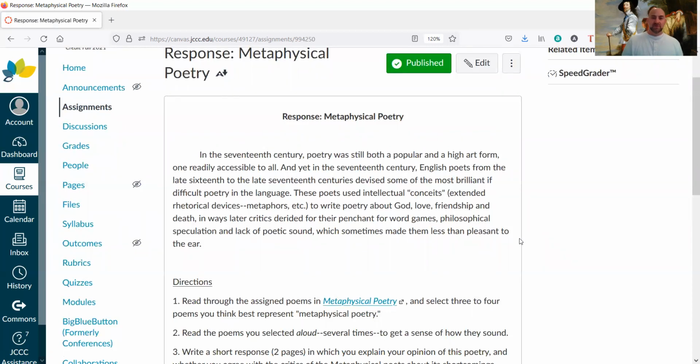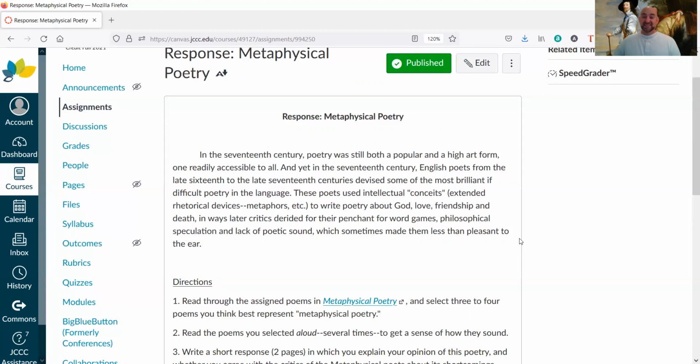In the 17th century, poetry was still a popular art form and a high art form. And metaphysical poets, as you'll see, we'll talk about some of this later on, and you can read through the introduction of the book I assigned to give you some information about this. But poets from the late 16th to the end of the 17th centuries devised these very brilliant poems that are very difficult to read to a certain degree.